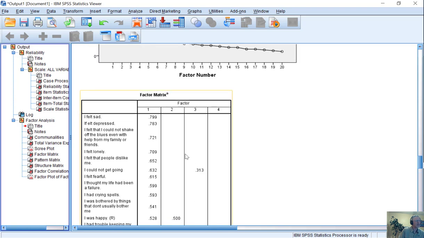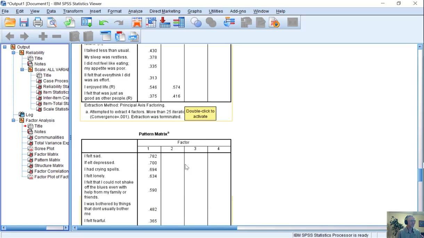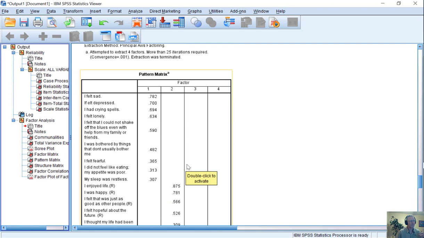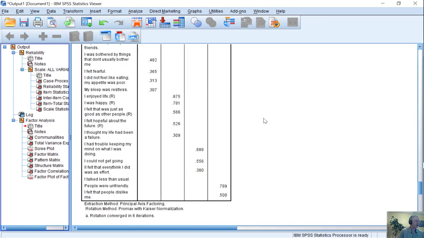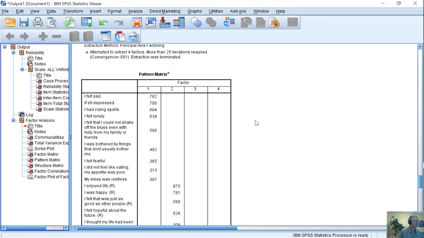But this is an unrotated form. And there's a lot that goes into this notion of unrotated and rotated forms. This first form is not really good for interpretation. So what we want to do is look at what's called the pattern matrix, because the pattern matrix actually rotates it. And let's look at what's going on with this pattern matrix.